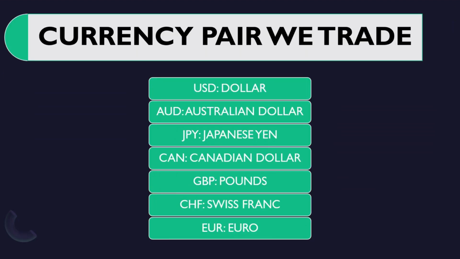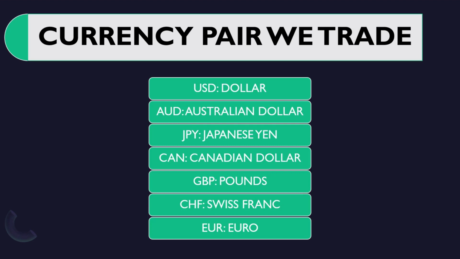Now we have the currency pairs we trade. Like I said before, we have the USD, which is called dollar. We have the AUD, which is called Australian dollar. We have the JPY, which is called the Japanese yen. We have the CAD, that was a typo, CAD, which is called the Canadian dollar. We have the GBP, which is pounds.